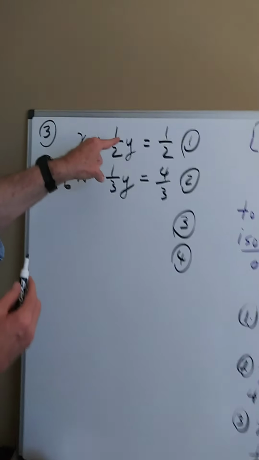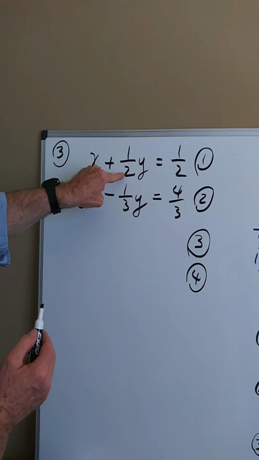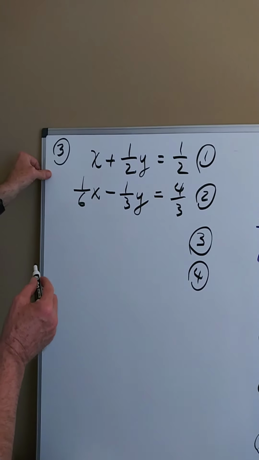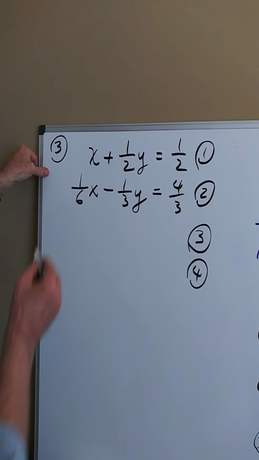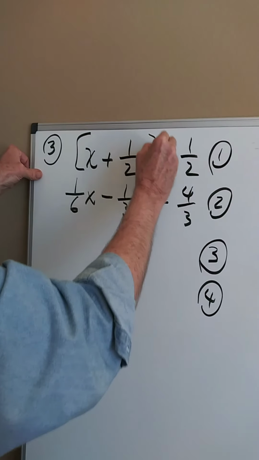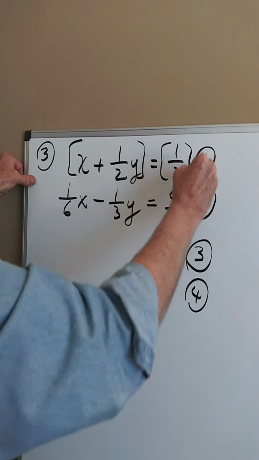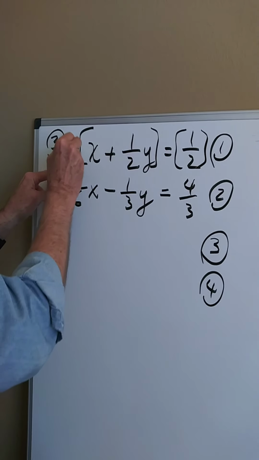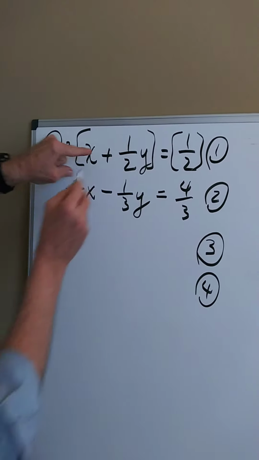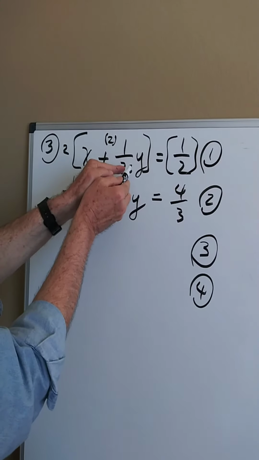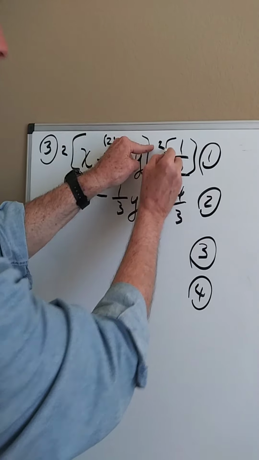Now let's fix up number 1. The denominator is 2. The denominator is 2. The LCD is 2. We're going to write it in 3 different locations. We're going to write it twice over here, and maybe right about here for this one, and definitely over here.